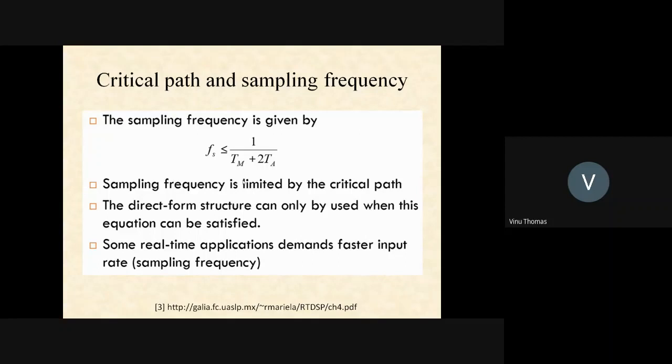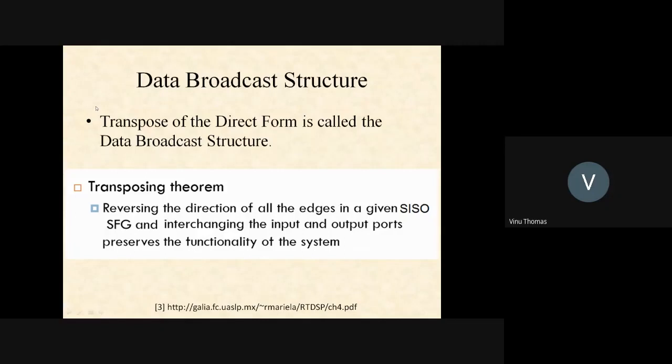So this structure, which we called the direct form structure or the tapped delay line structure or the transversal structure, can be used only when this equation can be satisfied. You cannot have a sampling frequency higher than this. Sometimes you might want a higher sampling frequency, for which we look at another kind of structure, which is called the data broadcast structure.